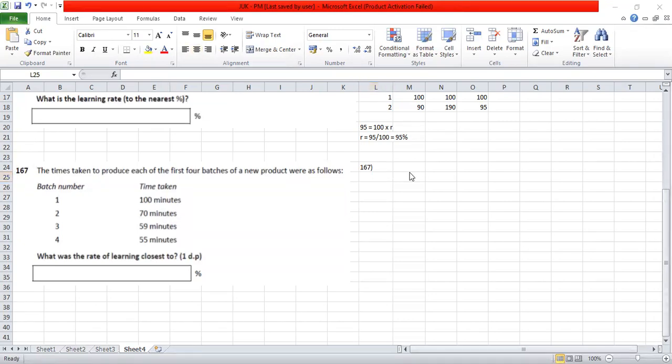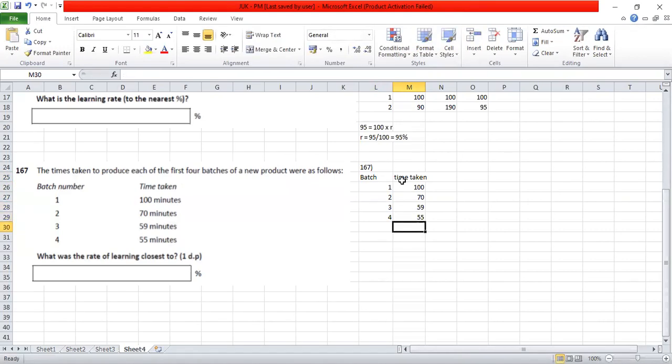Okay, sorry about that. Batches are given. How are the batches given? Batch 1, it is not cumulated. We see that this is incremental. It is not cumulated, where 1 has become 2, 2 has become 4. That is not the case. But the time for the individual batches are given. Time taken is 100 minutes, then 70 minutes, then 59 minutes and 55 minutes.